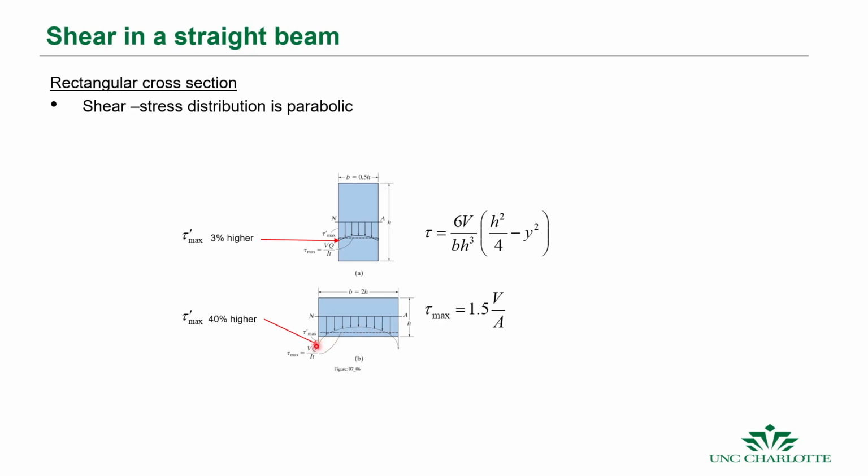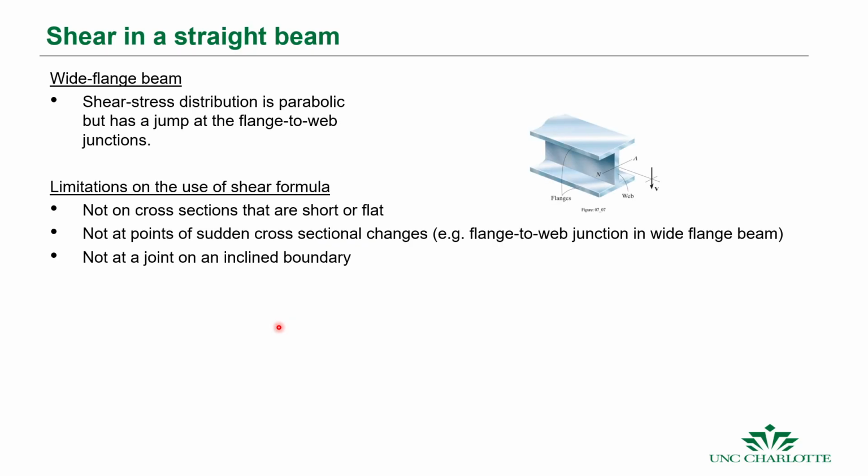Now, but in reality, if we calculate the actual stress at that location, it's actually 40% higher. Okay, and that's a big deal when you're designing machines. So if you have wider cross sections, you need to make sure that you're within the stress limits for that design.